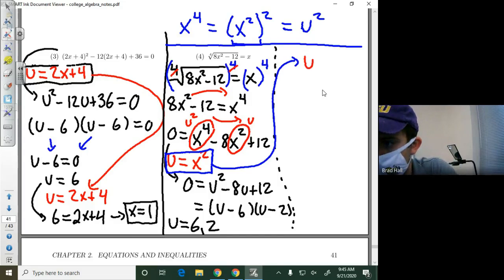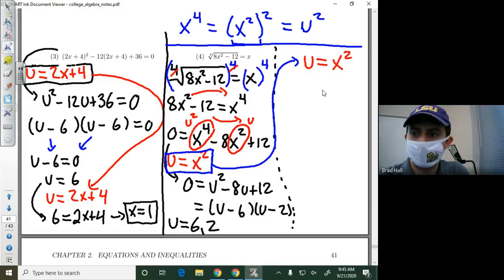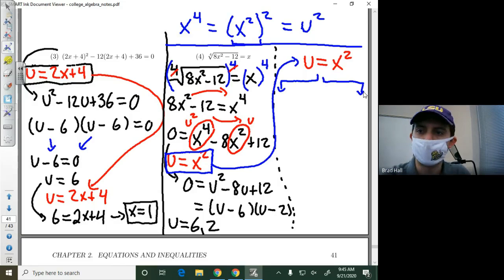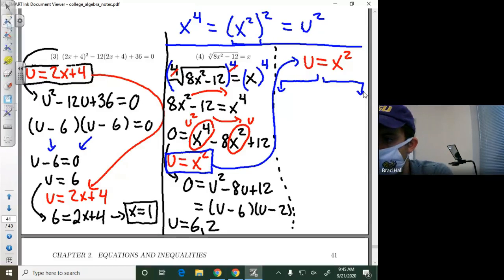So I'm just going to restate it. And from that, we're going to have two different cases. Because we found two values for u, if u is 6, as we found, then now we have 6 is equal to x squared. And another u that we found was 2. So now 2 is equal to x squared.